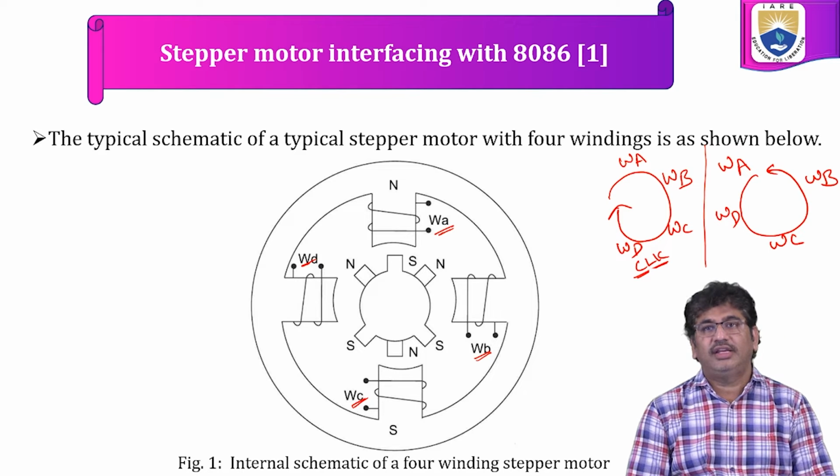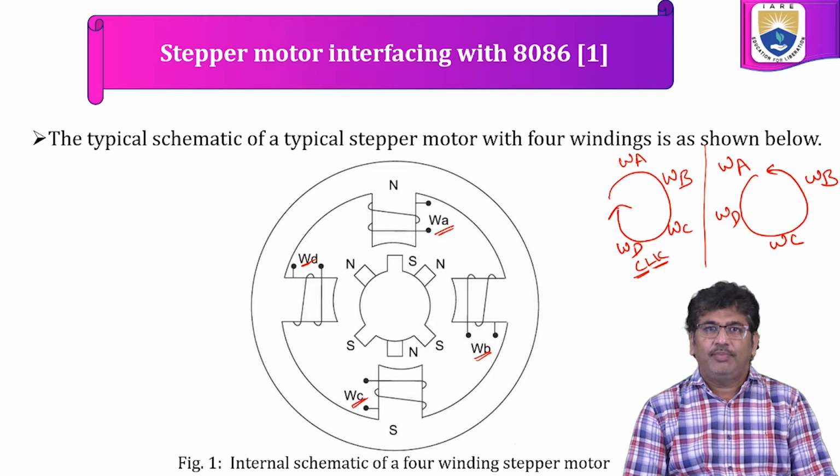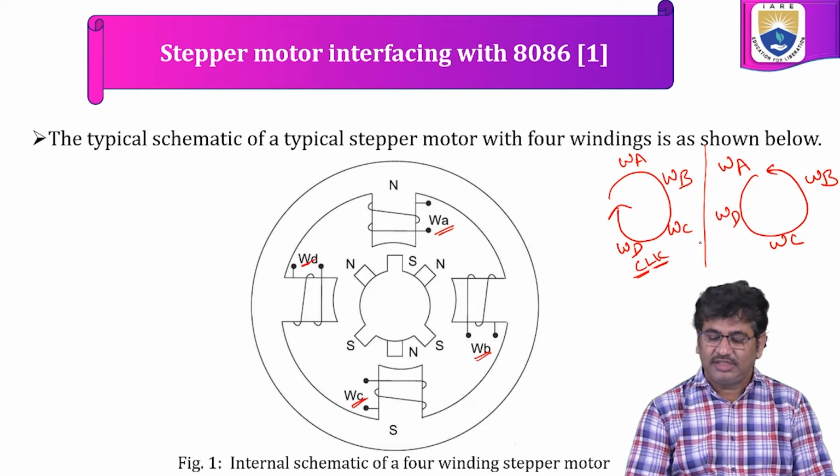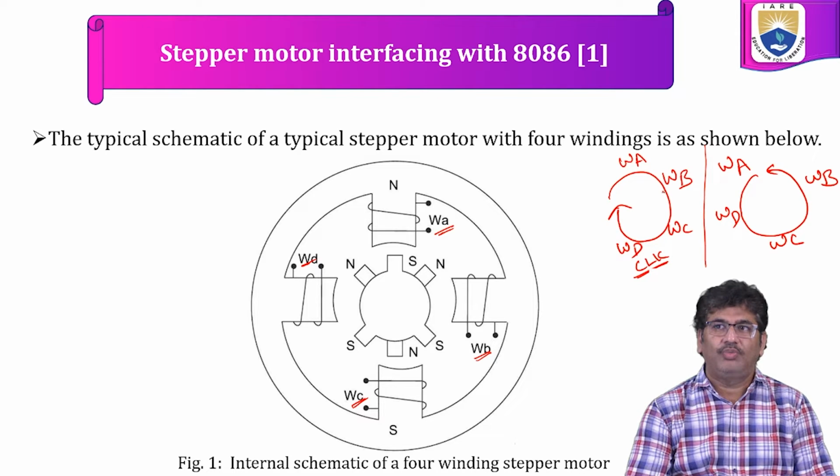So each and every time, depending upon the rotation, either clockwise or anti-clockwise, we have to apply the sequence to the corresponding windings. For clockwise rotation: winding A, followed by winding B, winding C, winding D. For continuous rotation, we have to apply these pulses.